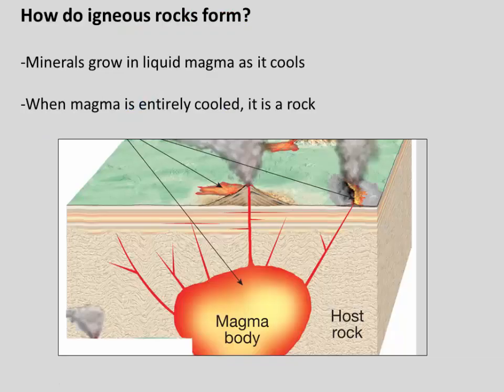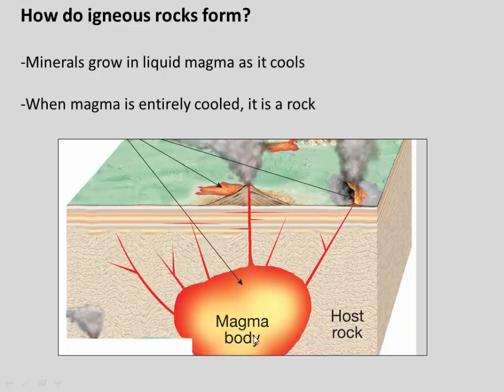Well, first we need to understand where they form. What defines an igneous rock is that it is a rock formed when minerals grow in a liquid magma as the magma cools. All right? So imagine you're sitting above a subduction zone, for example.